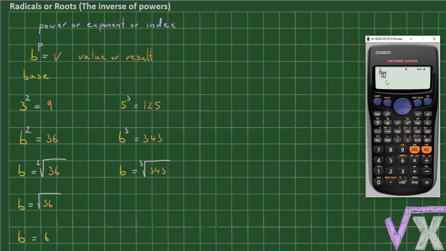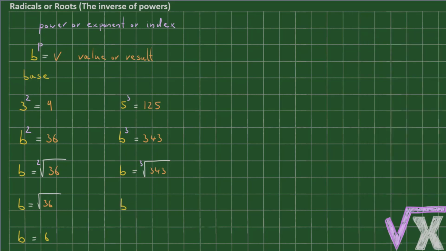In the upper square, I'm going to enter the power, 3, then I'm going to move the cursor to the right, and in the lower square, the one beneath the radical symbol, I'm going to enter the value, 343. And finally, I will press the equal button, and I will get 7. So I can say that b, or the base, equals 7.